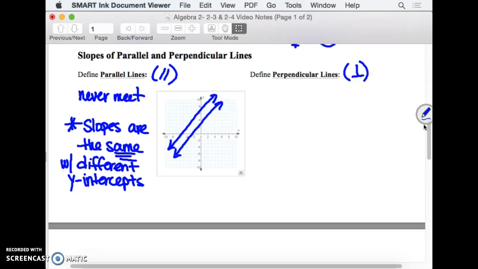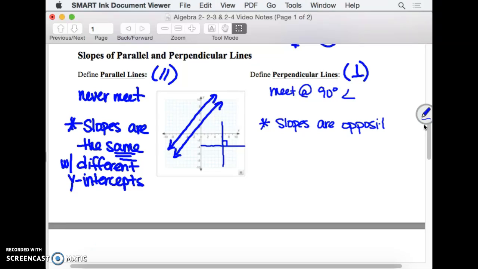Perpendicular lines are two lines that meet at a 90-degree angle. So that would be something like this. There's your perpendicular lines. Their slopes are opposite. You could also call these negative reciprocals, so opposite or negative reciprocals.